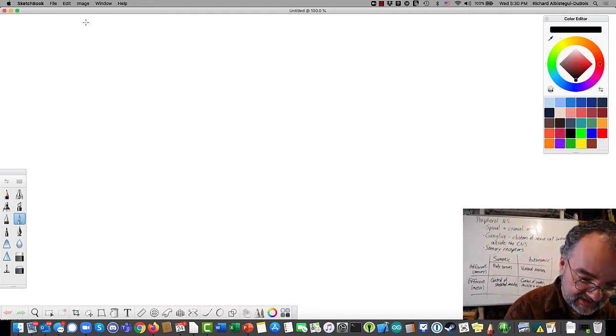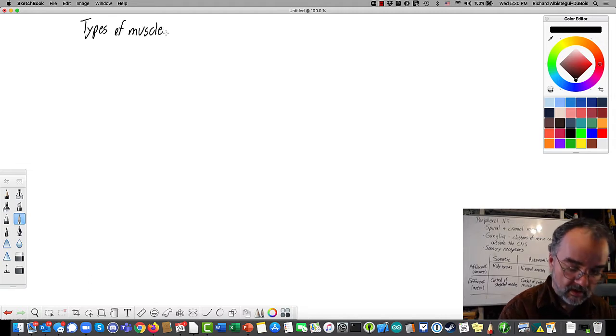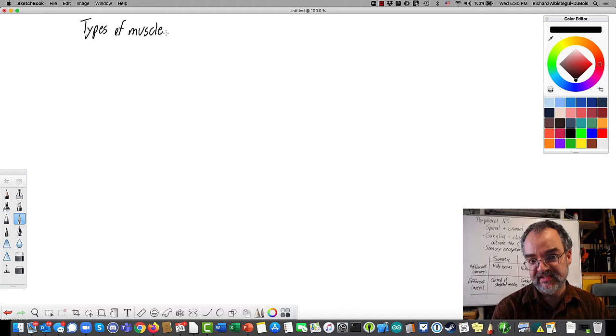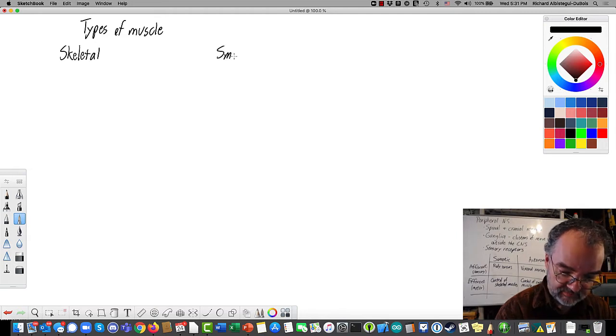So if we're going to talk about types of muscle, there are three types that we see in our body. There's skeletal muscle, smooth muscle, and cardiac muscle.